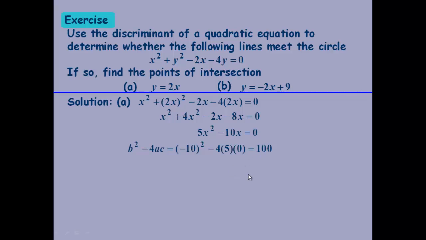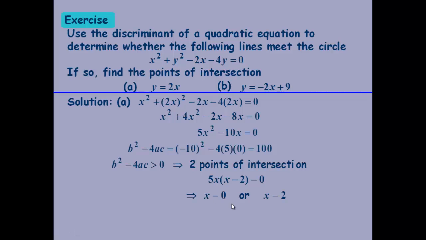We can see it's positive, so we'd expect 2 points of intersection. If we factorise and solve, we get 2 x values. If we try these now back in the linear equation, we get our corresponding y values. So 0, 0 and 2, 4.